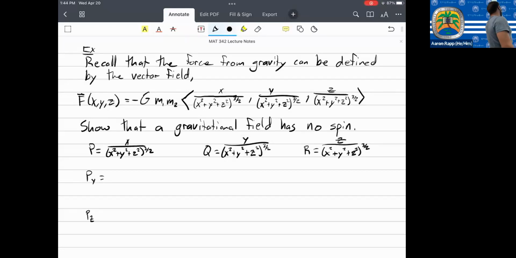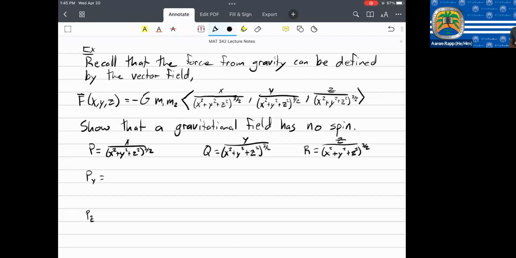So I need to take, for this x component p, the partial with respect to y. When I look at that component, where do I see a y term? Do I see it in the numerator at all? No, which means when I'm taking the partial with respect to y, this x in the numerator is just a constant.